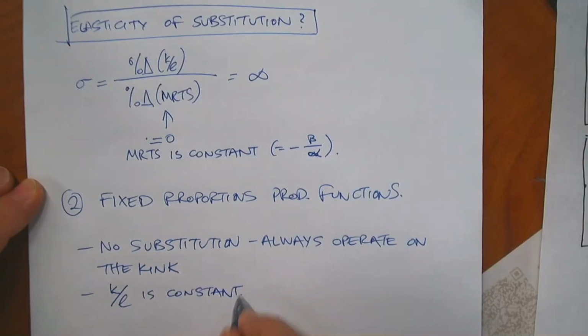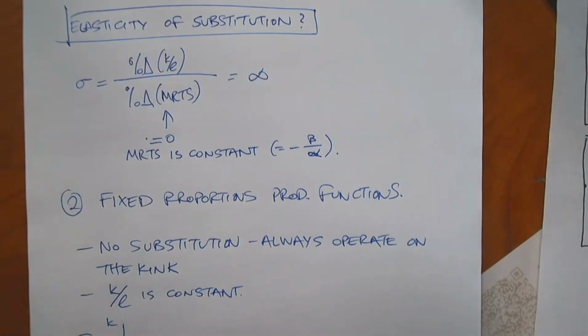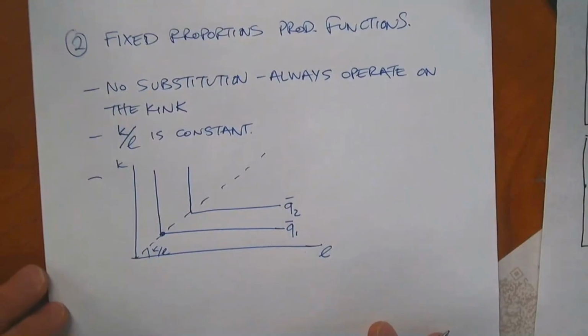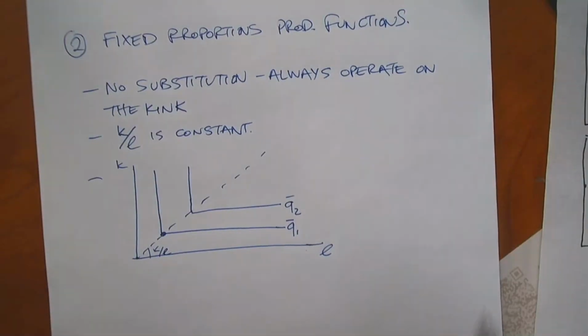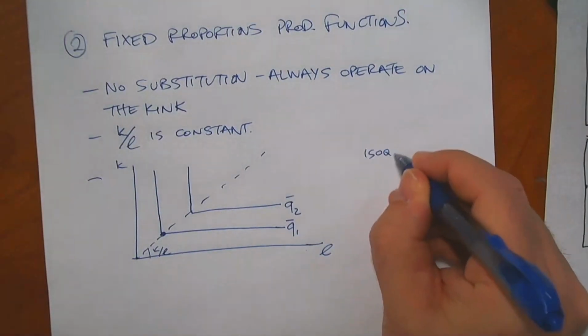So if you visualize this in capital-labor space, the isoquant lives in there, and the form of this isoquant is L-shaped. So you have your capital to labor ratio here, and so on and so forth.